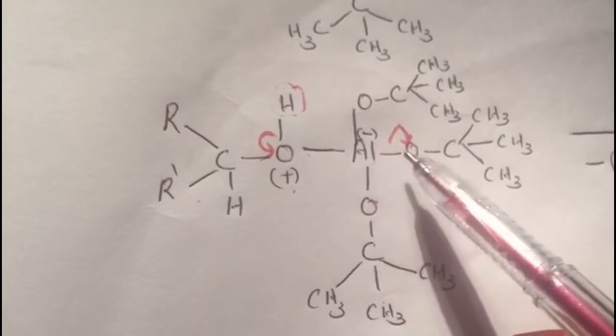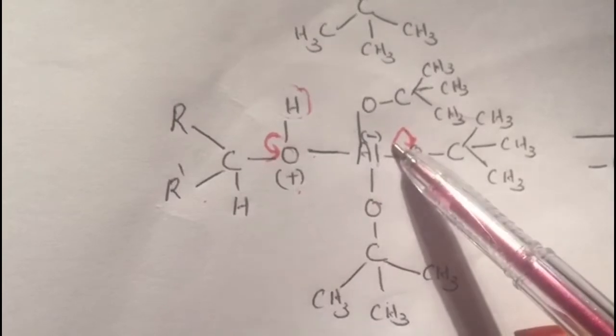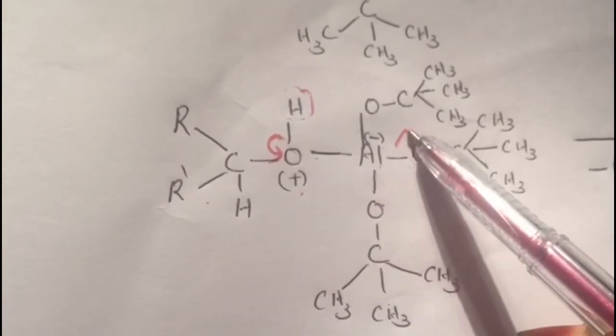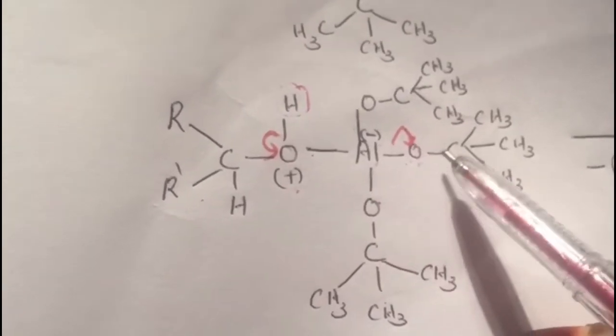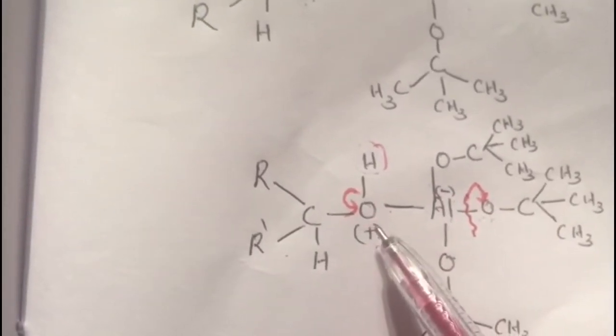If you break this bond, oxygen is more electronegative compared to aluminium, so the electrons of this bond will shift towards the oxygen atom. So this bond will be broken and hence it will be (CH3)3CO minus. Then this oxygen is also more electronegative, so this OH bond will be broken. H will remove as H+ and that will donate the electrons to this oxygen, so oxygen will be neutral.